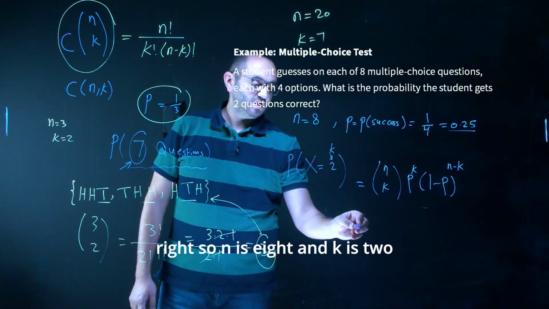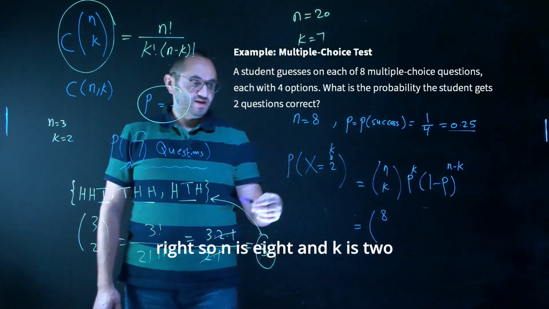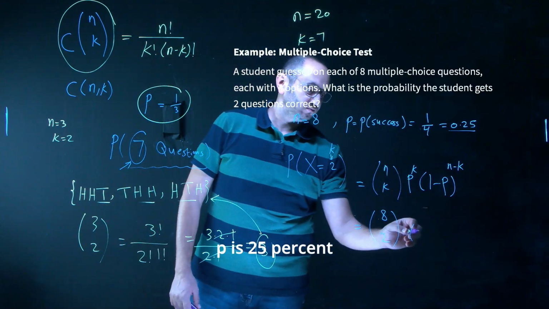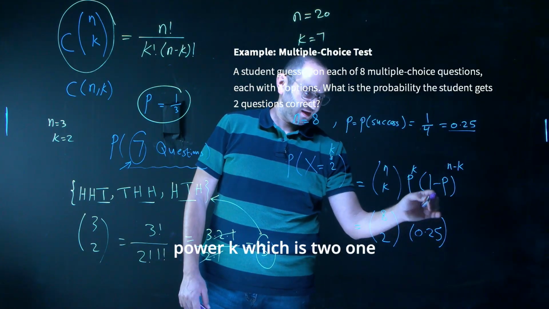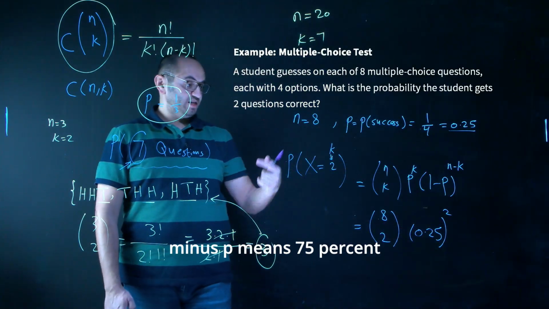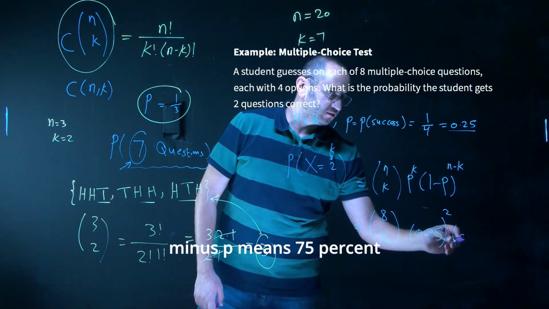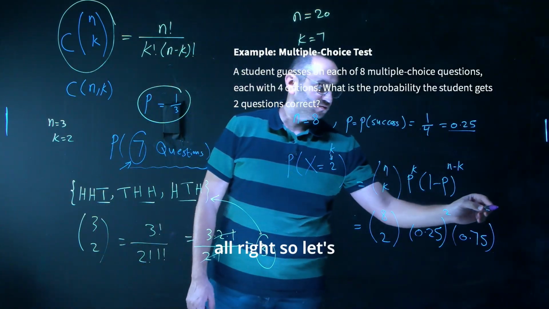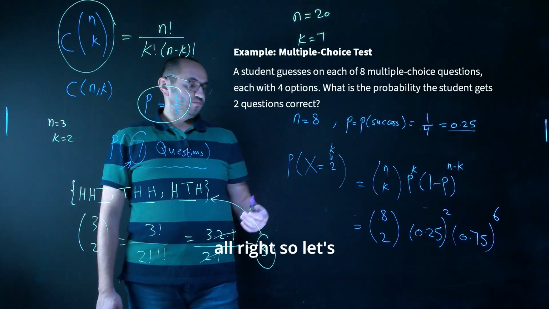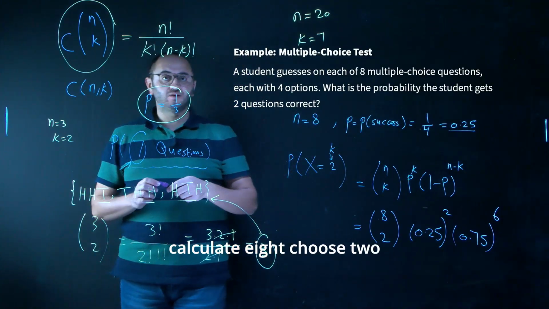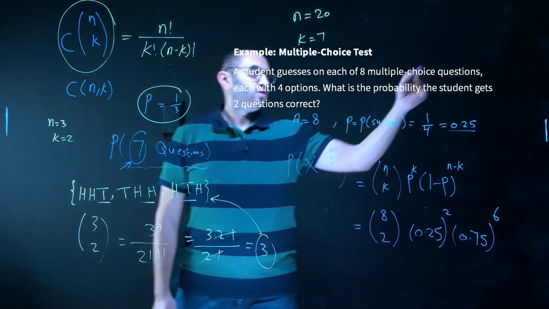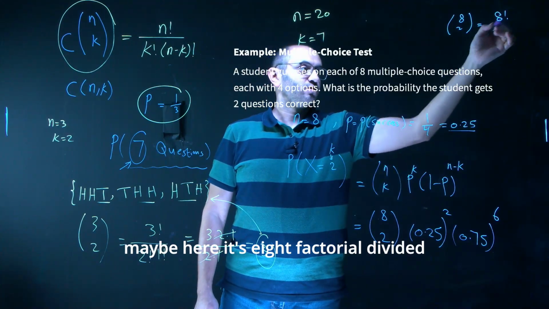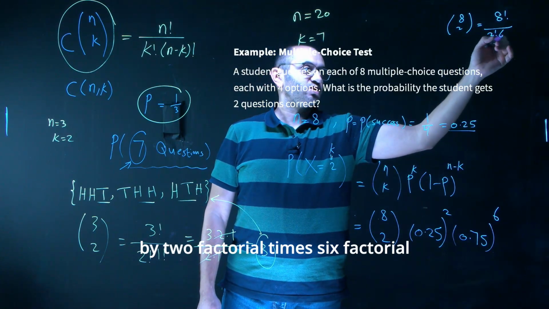So n is 8 and k is 2. p is 25%, to the power k, which is 2. 1 minus p means 75%. n minus k, 8 minus 2 is 6. All right, so let's calculate 8 choose 2. It's 8 factorial divided by 2 factorial times 6 factorial.